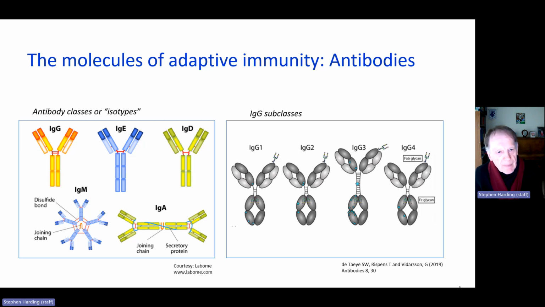First of all, the antibody classes or isotypes: IgG, IgE, IgD, IgM, and IgA, and the IgG subclasses, G1, G2, G3, and G4.